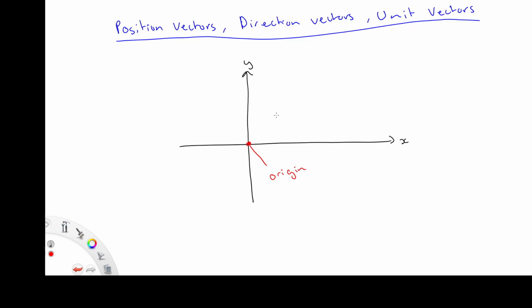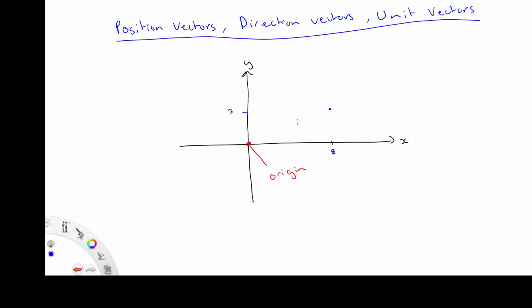And then let me draw another point on here, right over here. Let's just say the coordinates of this point are 3, 8, okay? 3, 8.